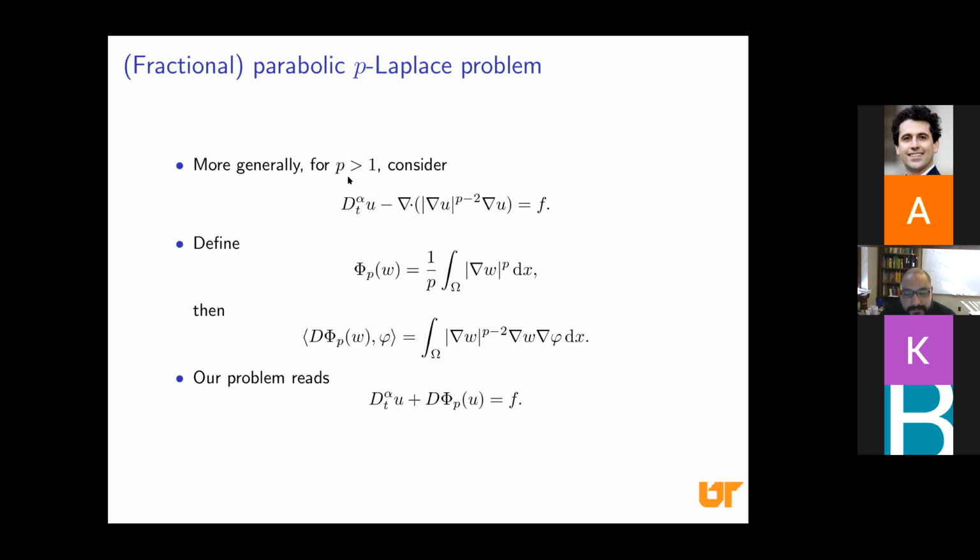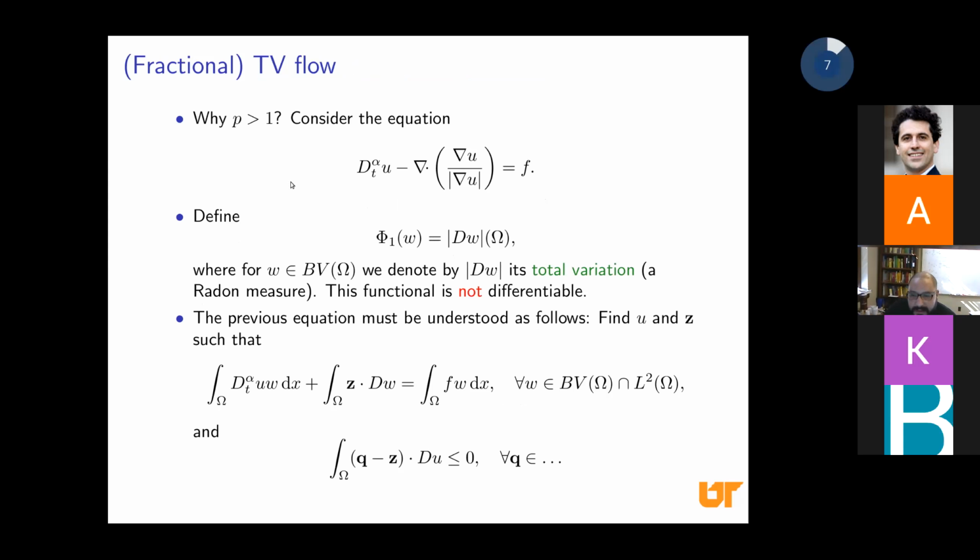And here, p being larger than 1 is quite important, because in the case p equal 1 you need to be more careful, and you would get something called the TV flow, or total variation flow, because now your space of functions is not a Sobolev space, but a space of functions of bounded variation.